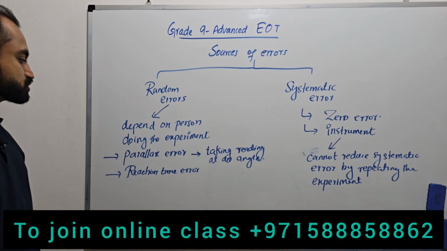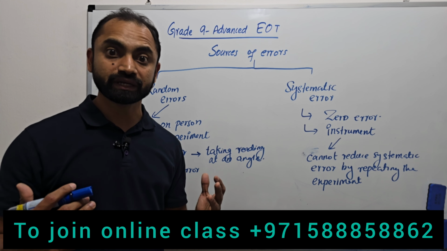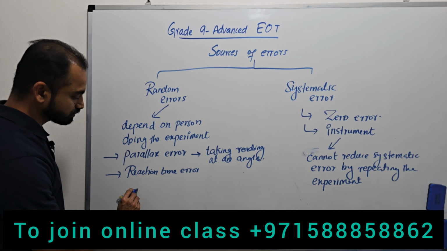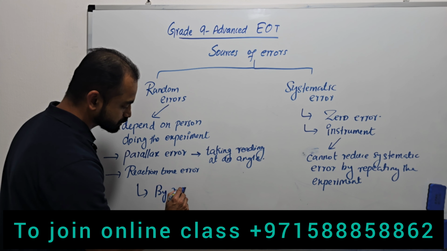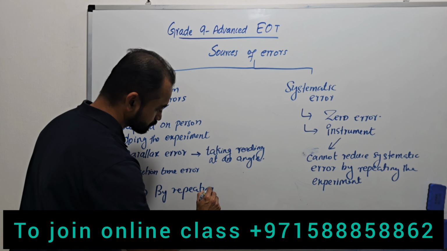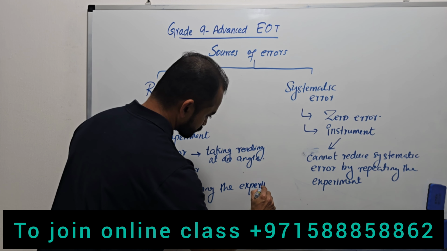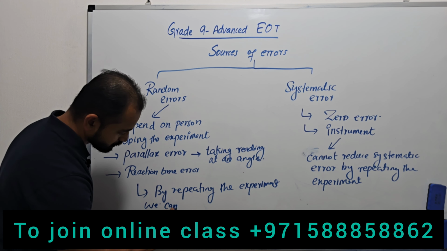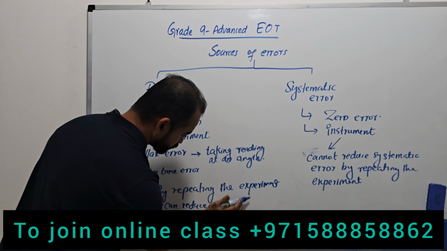But you can reduce the reaction time error and parallax error, or you can at least identify if there is reaction time error or parallax error, by repeating the experiment. By repeating the experiment, we can reduce the random errors.